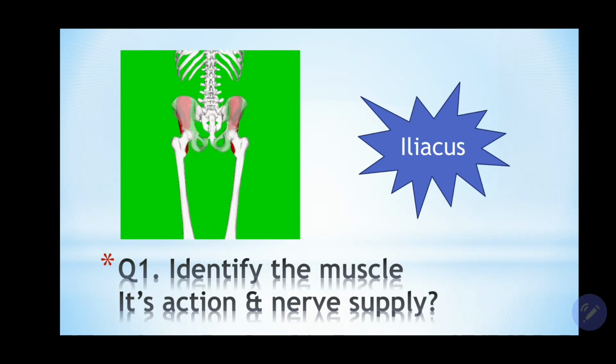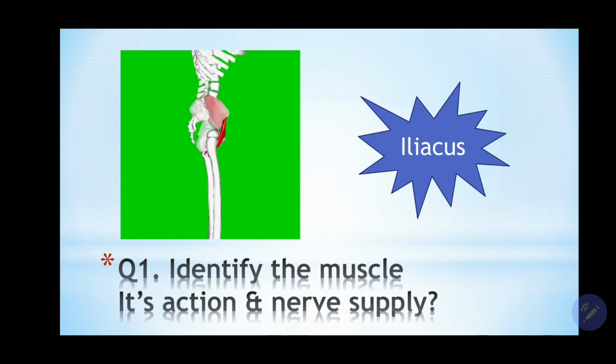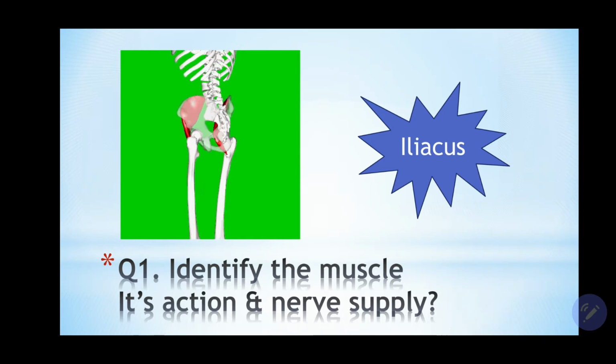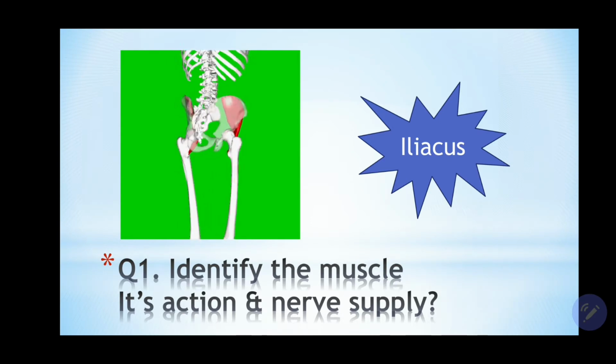When it passes below the inguinal ligament, at the point of insertion it merges with psoas major. So together the two muscles have nearly the same action as well.